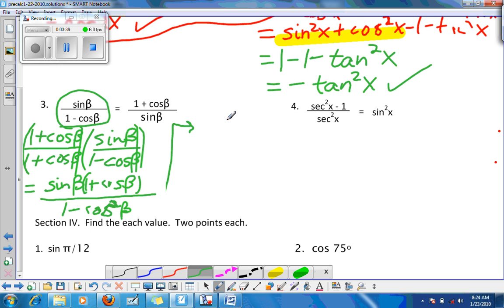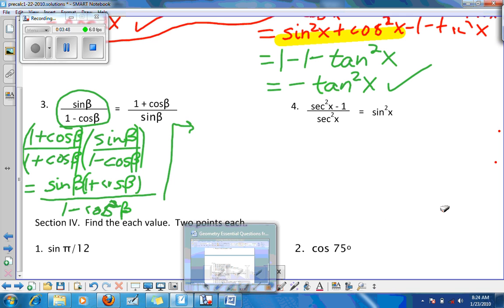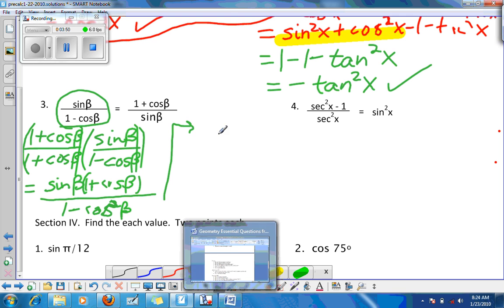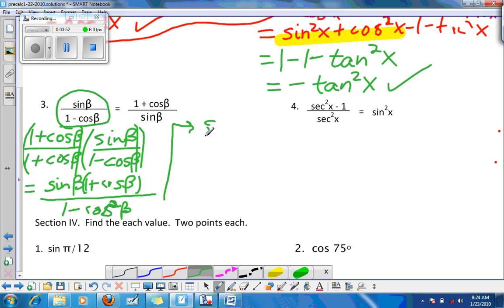Sine beta times 1 plus the cosine of beta.